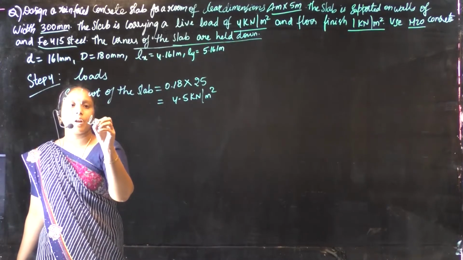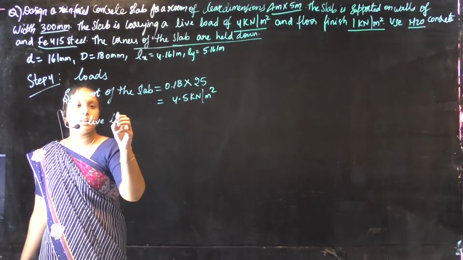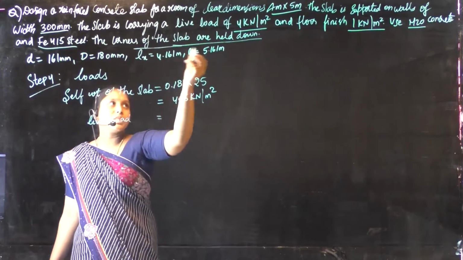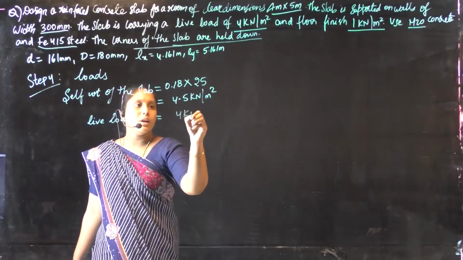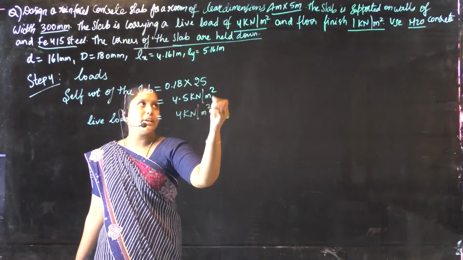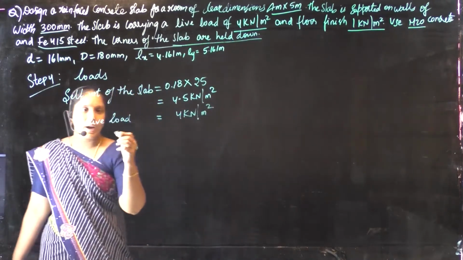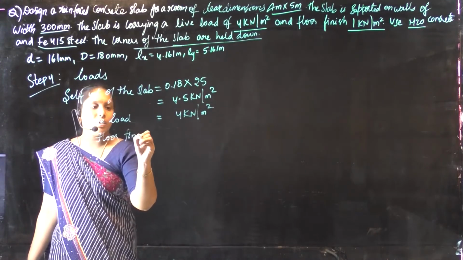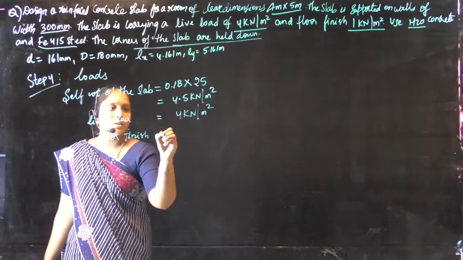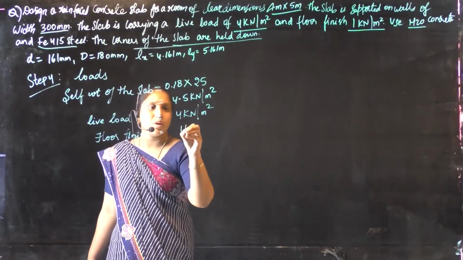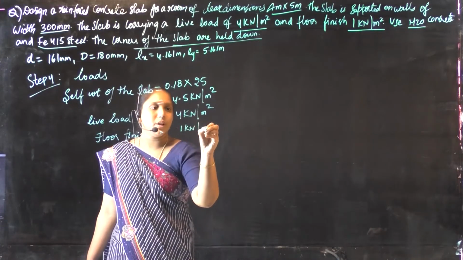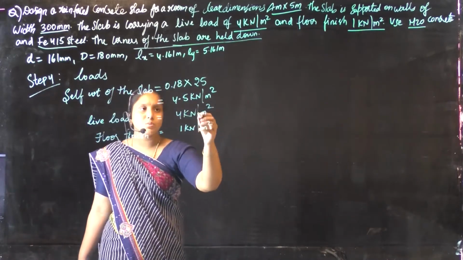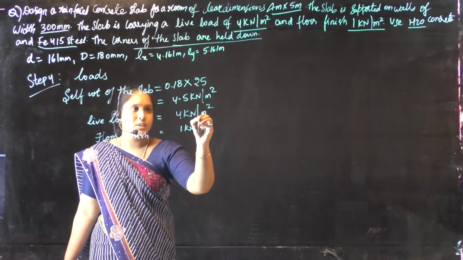And what are the other loads? It is the live load, which is given as 4 kilonewton per meter square, and the other load is the floor finish, which is given as 1 kilonewton per meter square. These are all the loads which are acting on the slab.